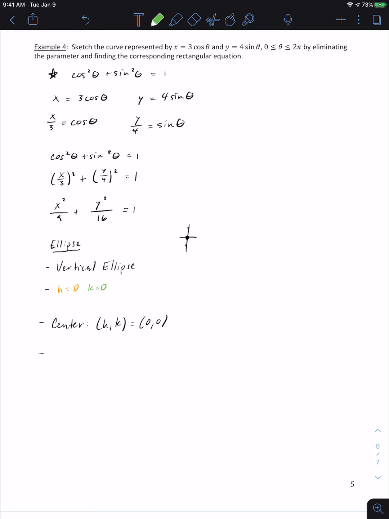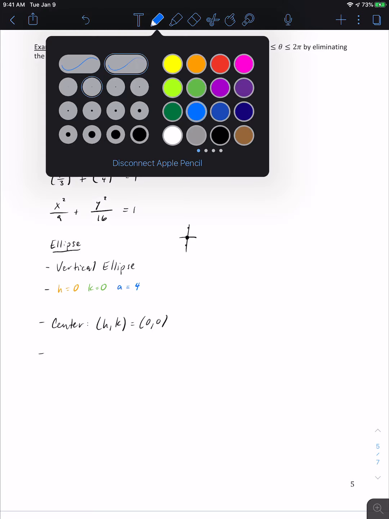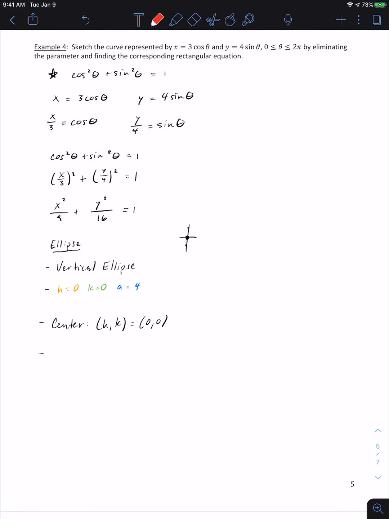Now a, remember a is always the bigger one, so a is equal to whatever squared makes the bigger one. So in this case 4, because 4 squared makes 16, and then b is whatever squared makes the smaller one, which is 3. Right?